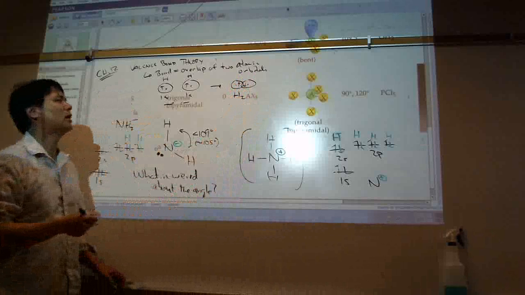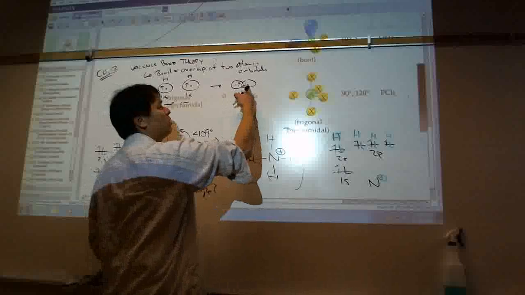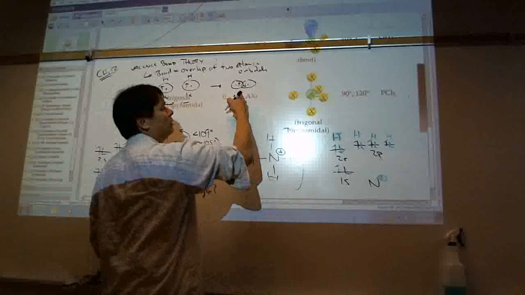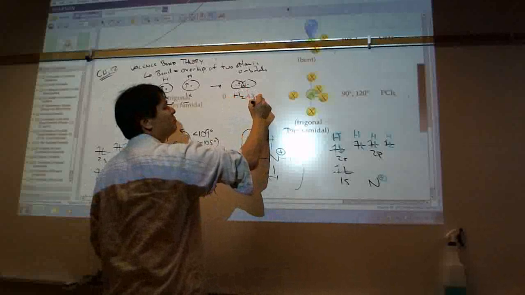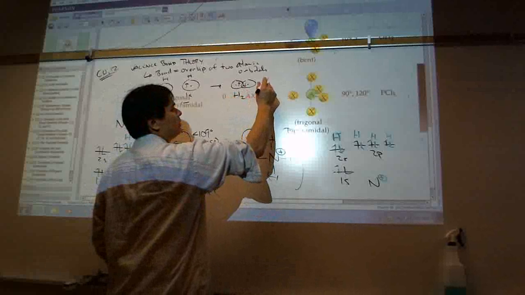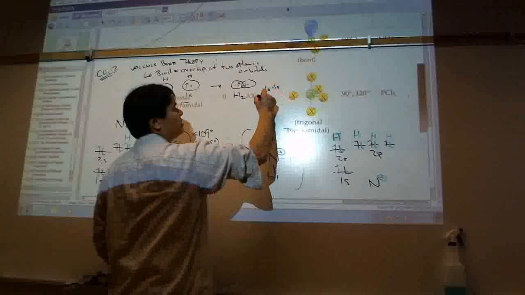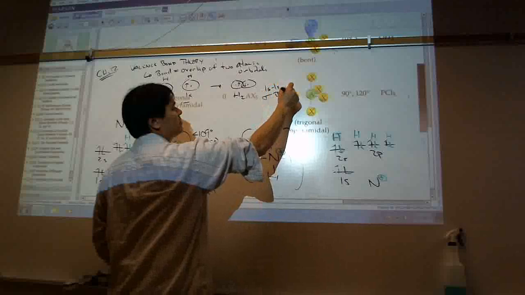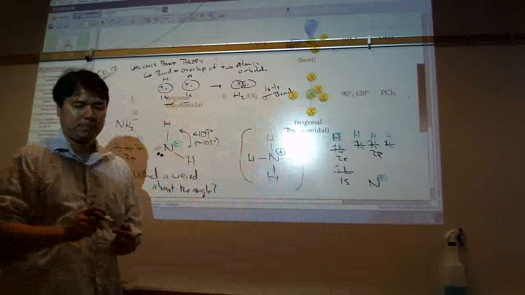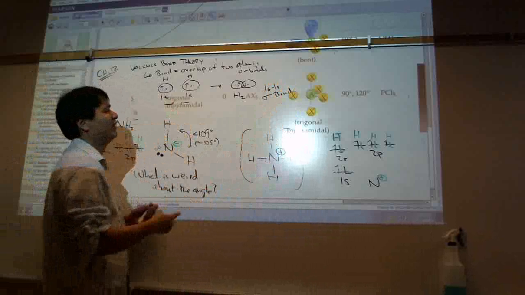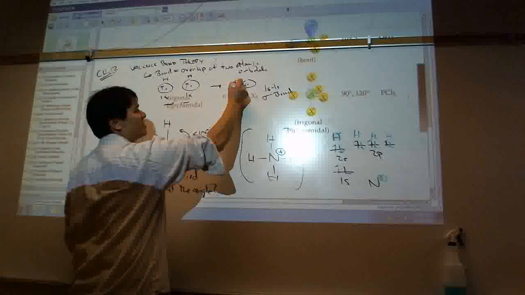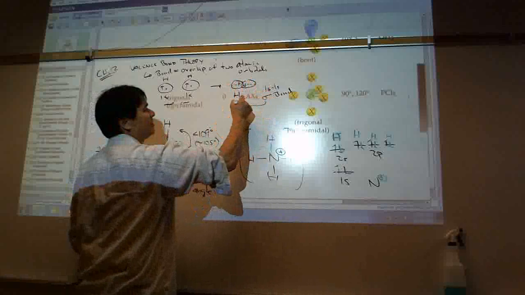H2 consists of what we call a 1s sigma bond. It's a sigma bond because the overlap occurs on the internuclear axis. That's what sigma refers to.